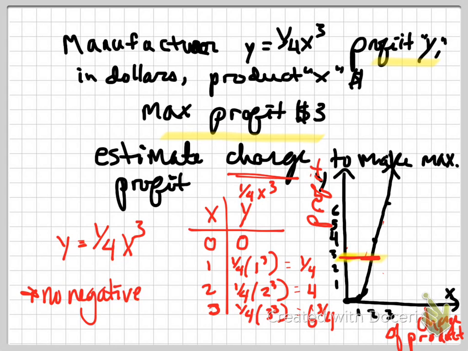We look across here, and it's after 2, because at 2 we're at 4. So it's in between 2 and 3. It's about 2.25, our approximate charge of what we should be charging for the product.